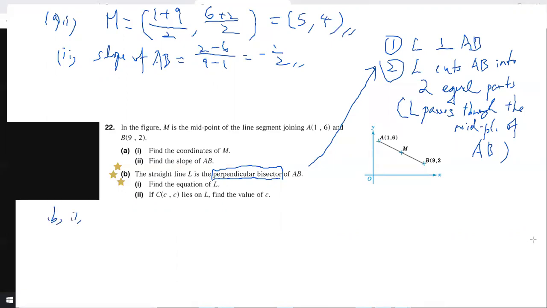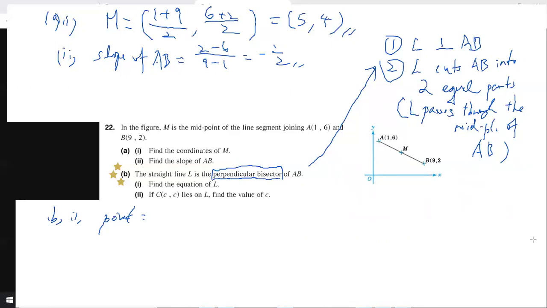Part B, B1. Find the equation of L. The L is the perpendicular bisector of AB. And we want to find the equation of L, which means that, again, we need to find a point on L. Because L passes through the midpoint of AB, means that the midpoint of AB is a point lying on the straight line L, okay?